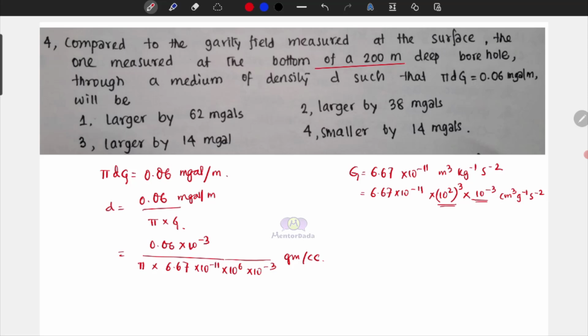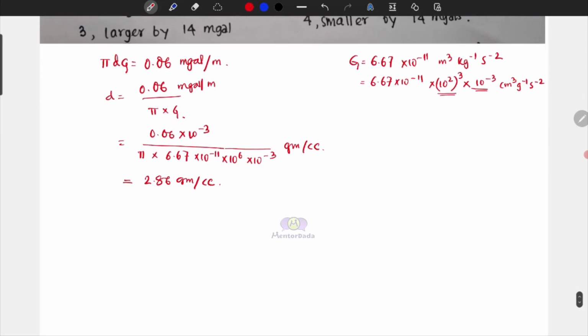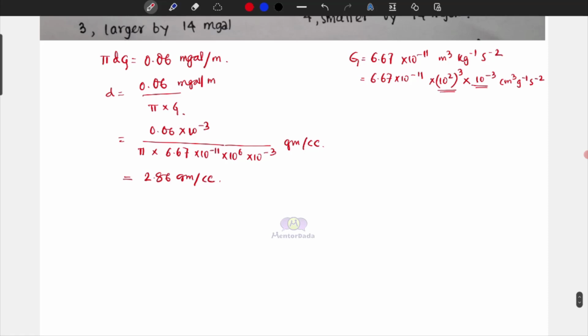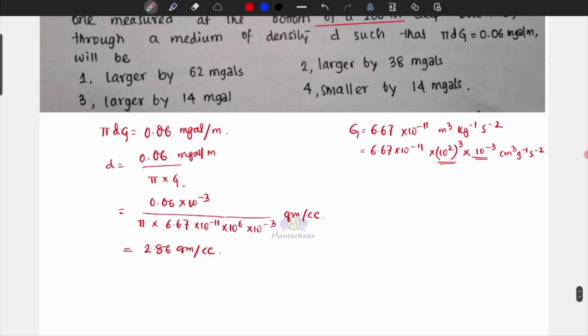If you solve this, it will come as 2.86 gram per cc. Okay, so right now we know the density, and you have to determine the change in gravity for a depth of 200 meter.